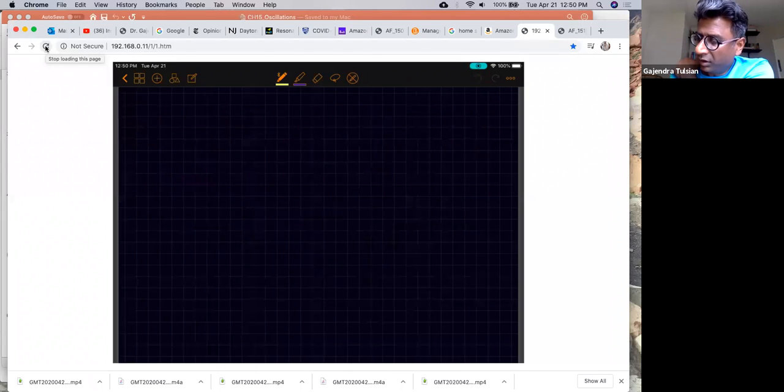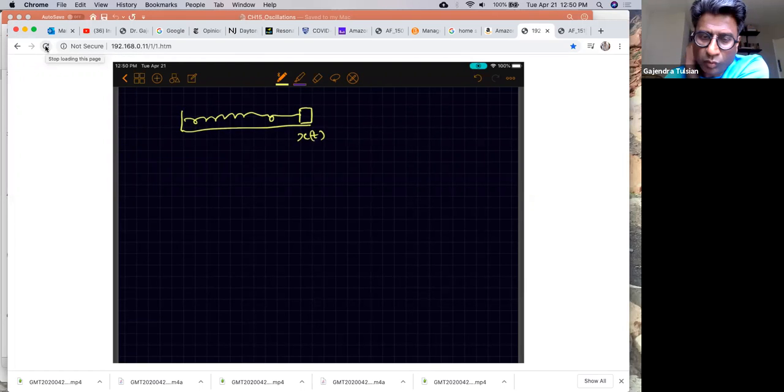All right, so again, let me summarize. We were interested in the behavior of this system. You wanted to know where the mass was as a function of time, and its coordinate satisfied this differential equation.